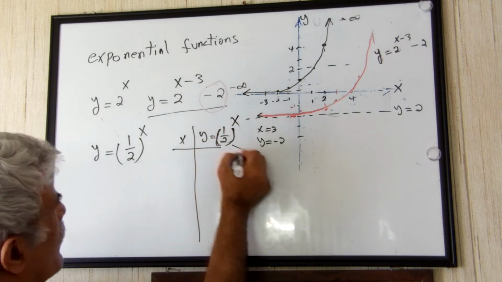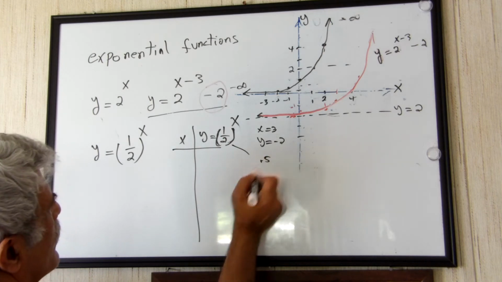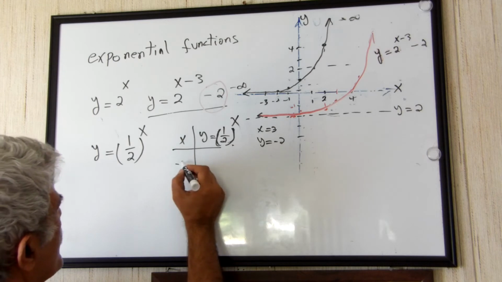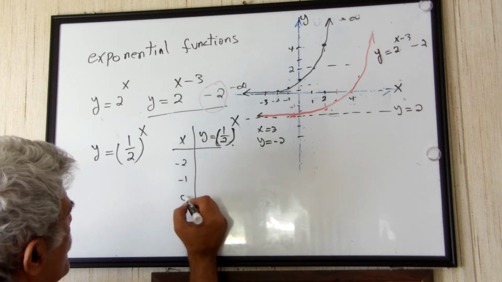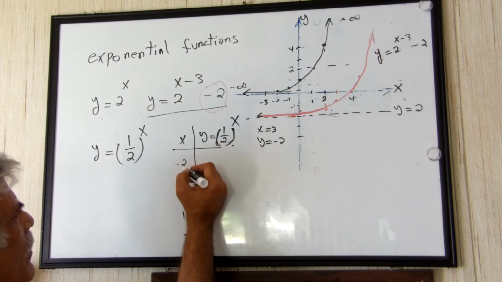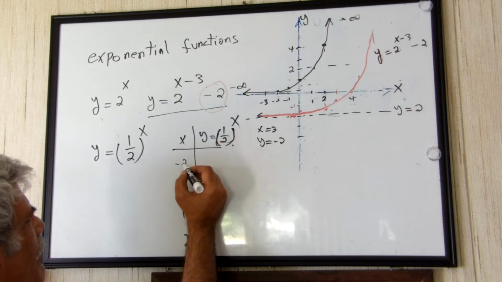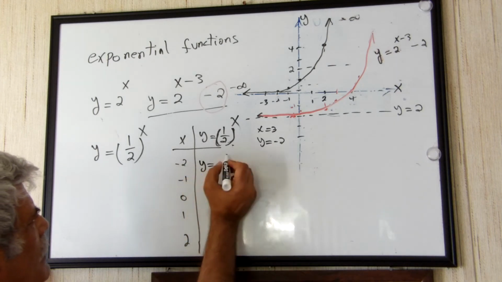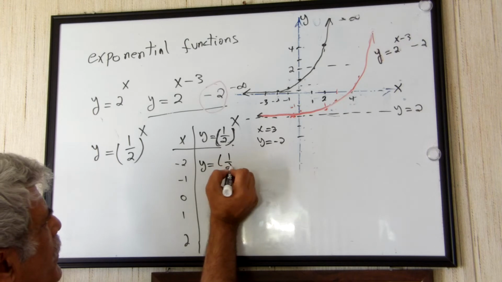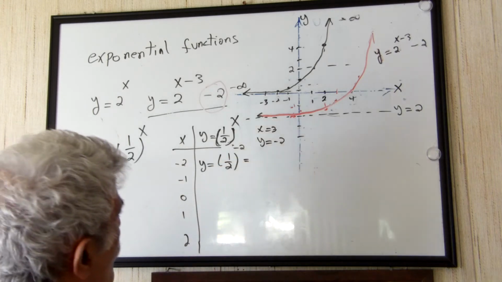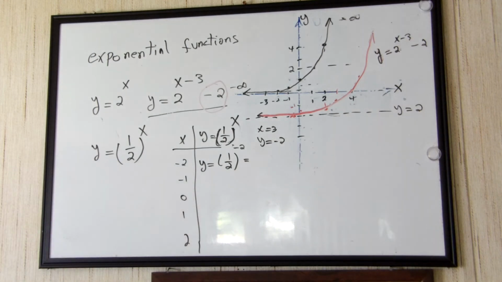It means 0.5. So let's see, we start x from minus 2, minus 1, 0, 1, 2, and we find all values for y. We find this one: 1 over 2 to the power of minus 2, 1 divided by 2 to the power of minus 2.